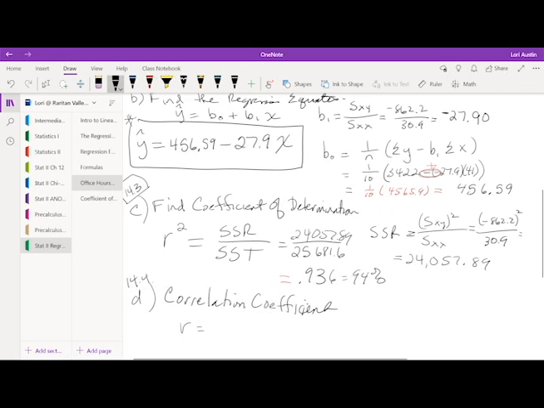A typical example I always give is, one year a statistician decided to do some research. This is back in the late 70s, early 80s in New York City, and showed there was a super strong correlation between ice cream sales and murders in New York City. Does that mean that eating ice cream makes somebody want to go out and commit murder?